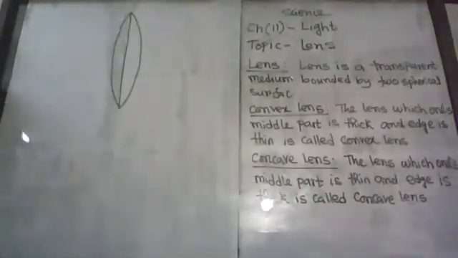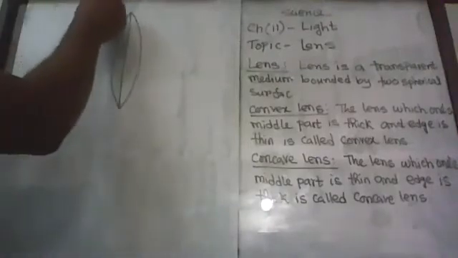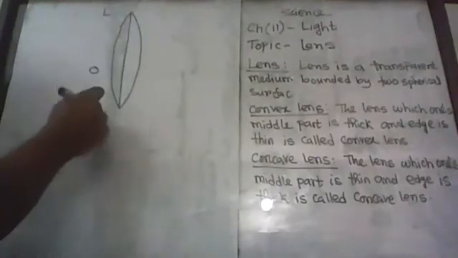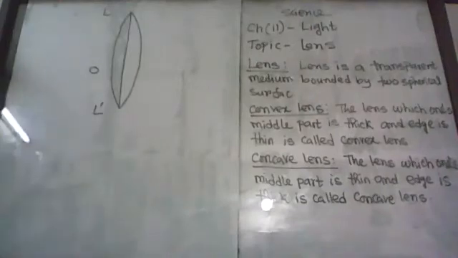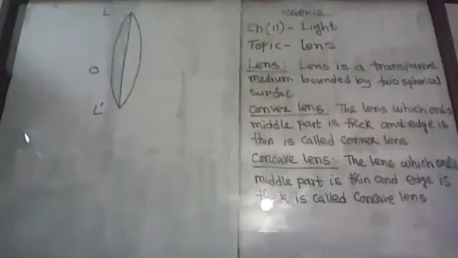You see, this convex lens is drawn on this board. This lens contains an intermediate line in between them. Suppose this line is L, O, L prime. This L, O, L prime line is known as the axis of lens.